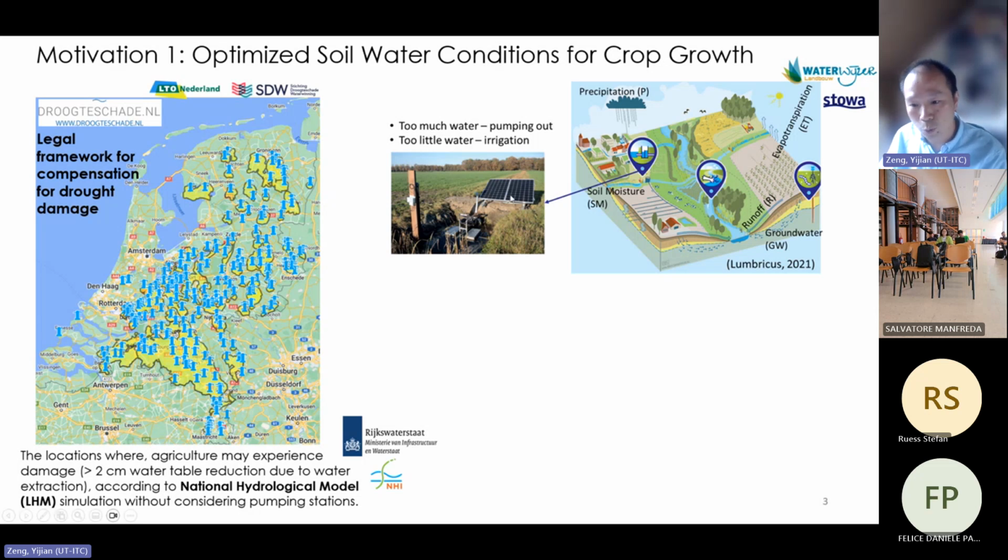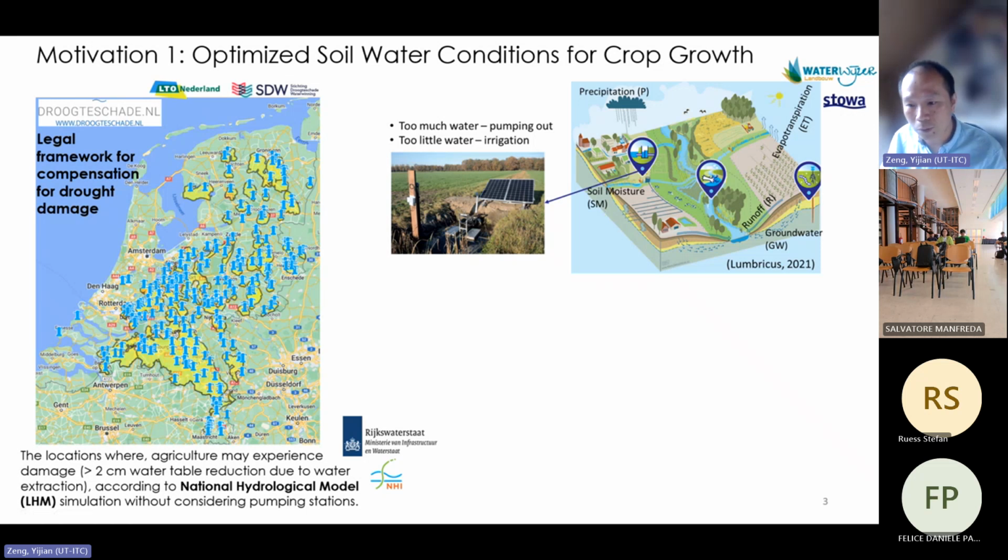So they use this water pump a lot, and therefore you see a distribution of water pumps across the country. The management is very straightforward. When there is too much water, you just pump water out of the field, and if there is too little water, then you irrigate. This usually works very efficiently in the Netherlands.